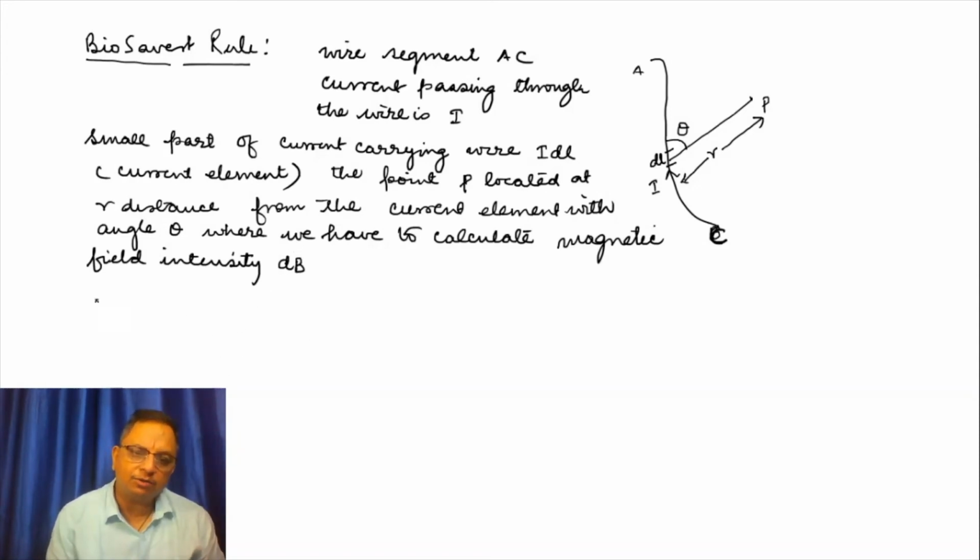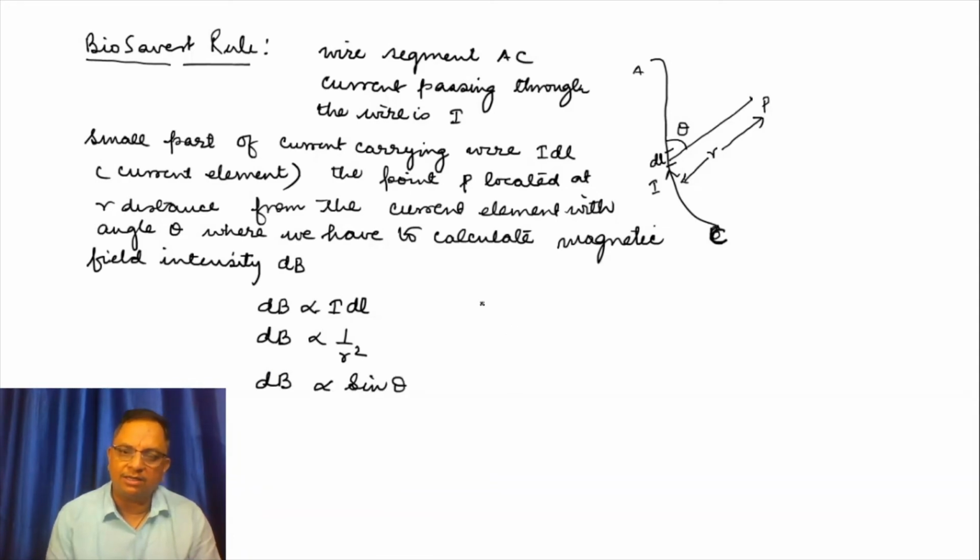Now, according to Biot-Savart rule, magnetic field intensity at this point is directly proportional to the current element. Magnetic field intensity is inversely proportional to 1 upon R square. Magnetic field is directly proportional to sine theta. We combine all this.